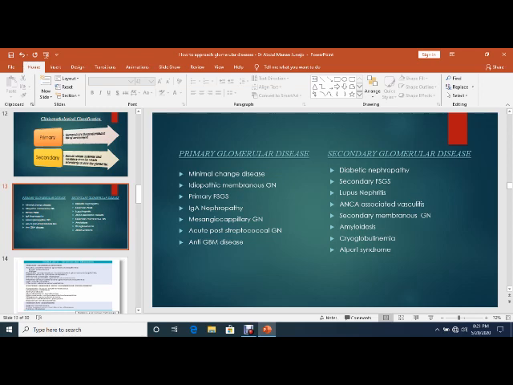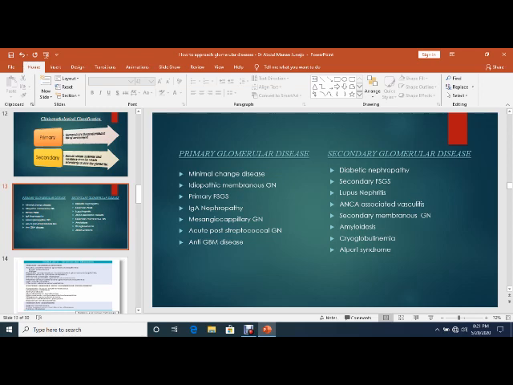If you see the primary glomerular diseases: minimal change disease, idiopathic or primary FSGS, IgA nephropathy, mesangiocapillary GN, acute post-streptococcal GN, anti-GBM disease.